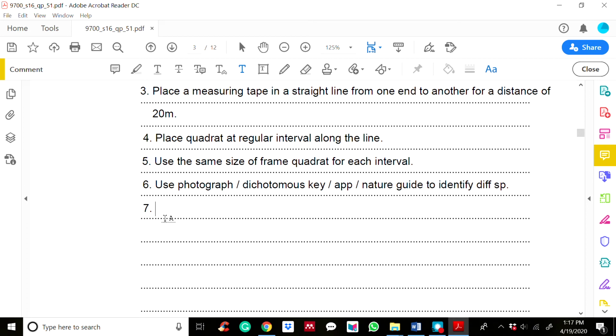Next, you need to do calculations to check for the abundance of plant species. So count the percentage cover of each species at each distance along the line.